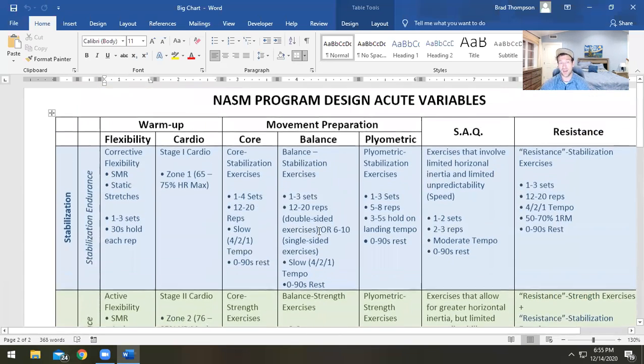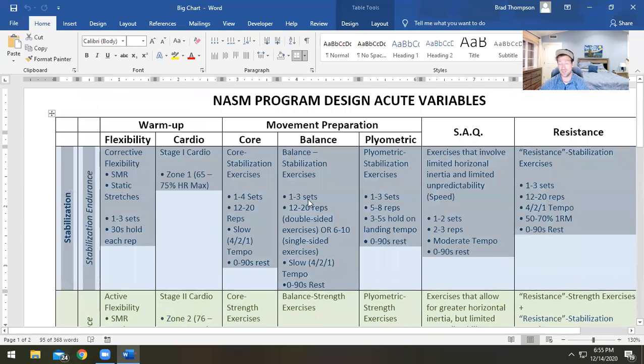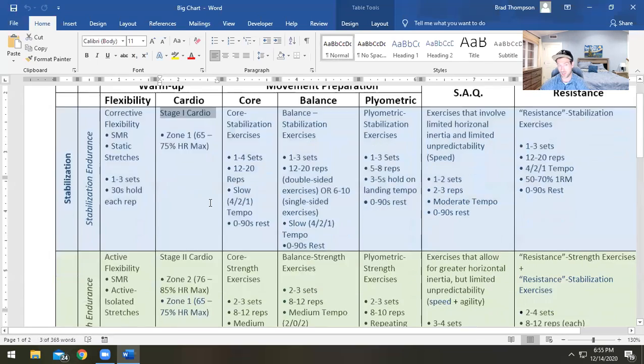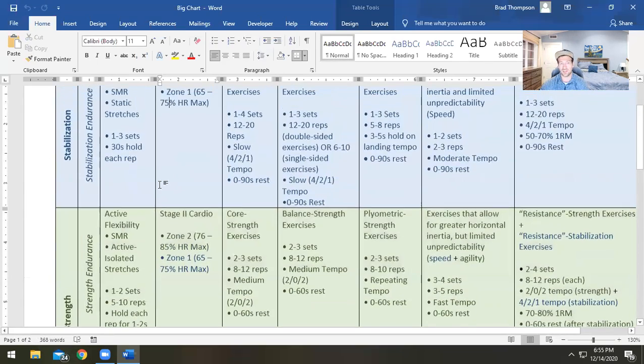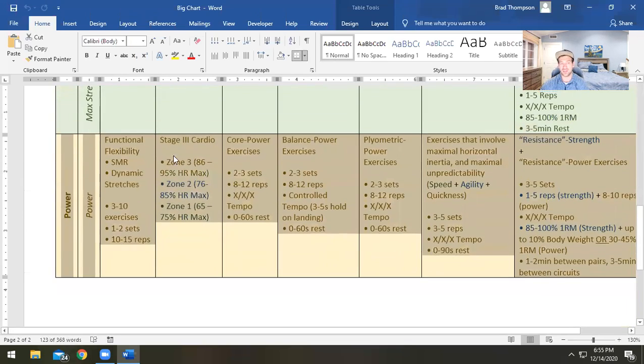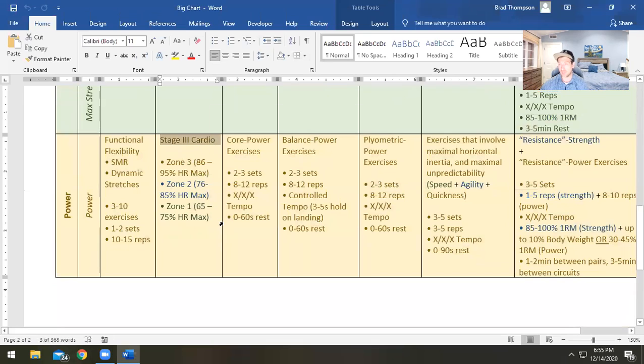Now, cardio-wise, any client who's in stabilization is going to correspond for the most part with stage 1 cardio. Any client who's in strength is going to get stage 2 cardio. And any client who's in power is going to get stage 3 cardio.